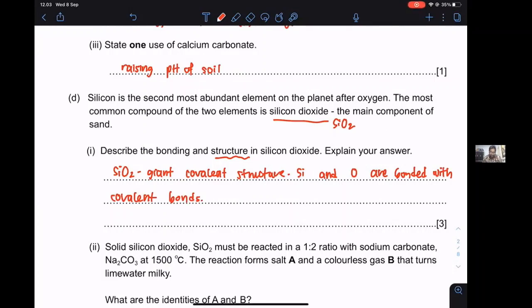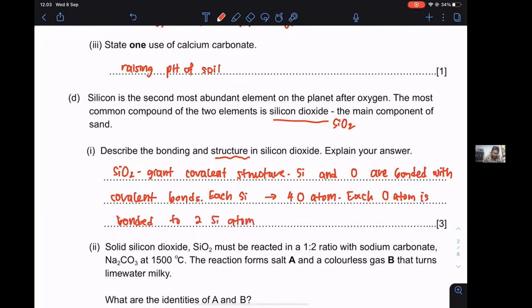The last point is you just mention that each Si is bonded to 4 oxygen atoms, and each oxygen atom is bonded to 2 Si atoms. You need to know this.